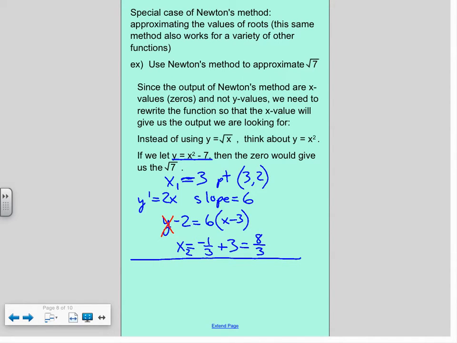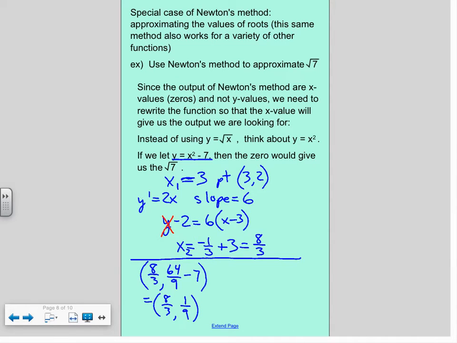So now we need another point. So we have 8/3, and we do 8/3 squared minus 7, so 64/9 minus 7. All right, so 7 is 63/9, so 64 minus 63, we get 1/9 as our point.